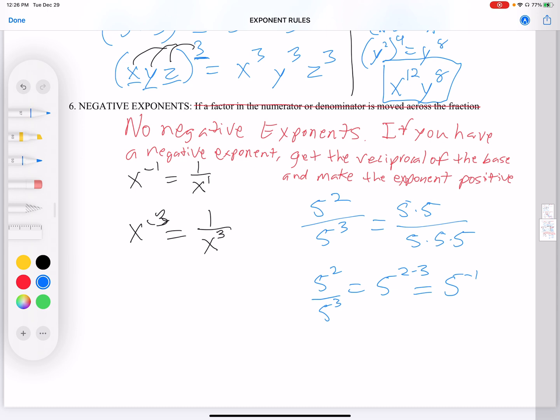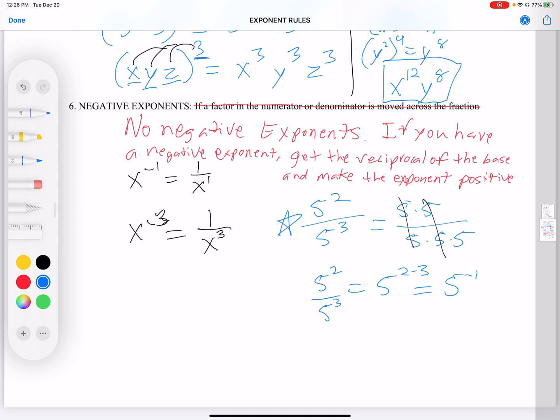Well, I rewrote it up here as 5 squared over 5 to the third, except now I wrote it out in expanded form. Instead of 5 squared, it says 5 times 5, which is exactly the same, over 5 cubed, which is 5 times 5 times 5. Watch what happens. These 5's cancel out. 5 over 5 is 1.